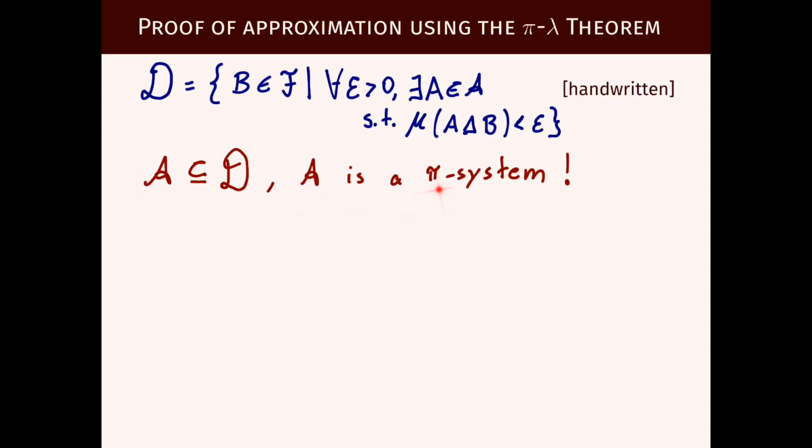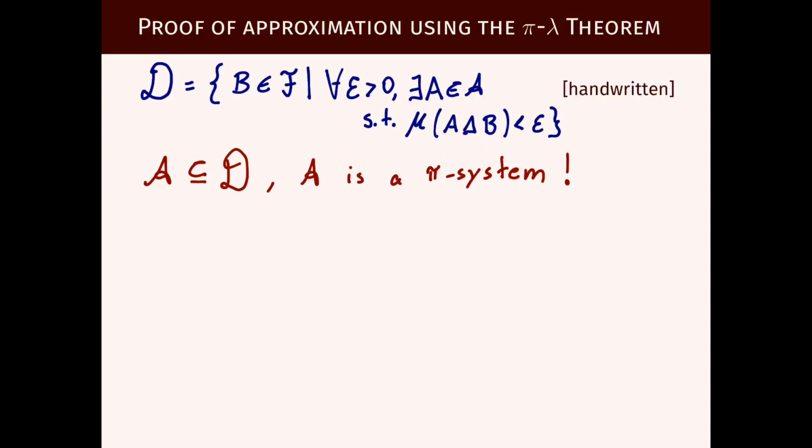A is certainly a pi system because every algebra is a pi system. And why is A contained in D? Well, D is the family of sets in the bigger sigma algebra of our probability space or finite measure space, the family of events or sets that can be approximated by a set in A.